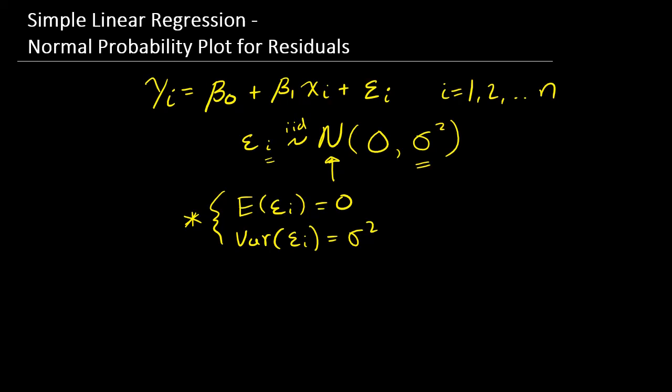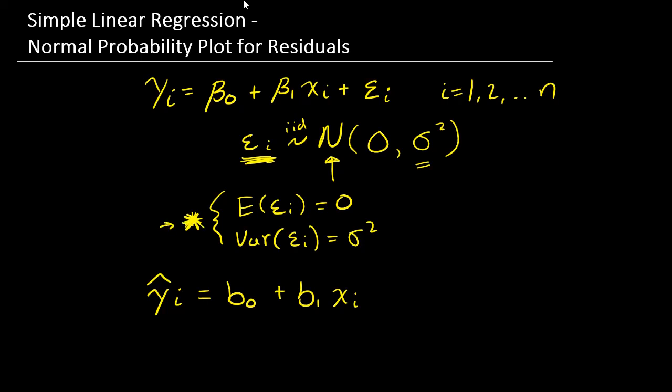Now that you understand we're checking just that normality assumption, recall we do not observe these error terms. Instead, we get y hat, a predicted value of the outcome, which is b naught plus b1 x_i, where b naught and b1 are unbiased estimators, as long as these first two assumptions are true.